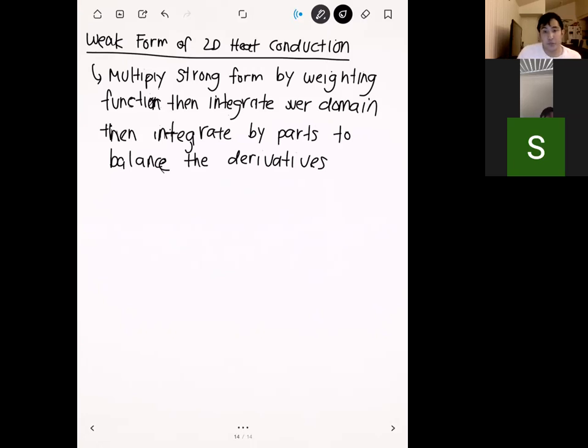Okay. And so that was the procedure in 1D. So we're going to follow the exact same procedure in 2D. It's just that the symbols and everything change for 2D, and to perform integration by parts, we have to use Green's formula. Okay. And so one quick note, before we jump into it, is that because we're in 2D, our weighting function also has to be a two-dimensional function.